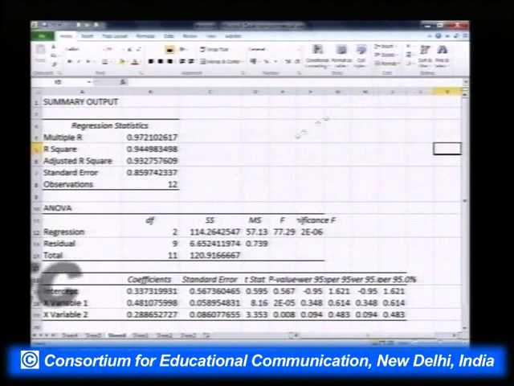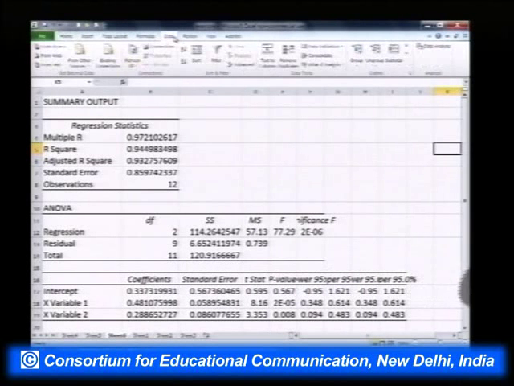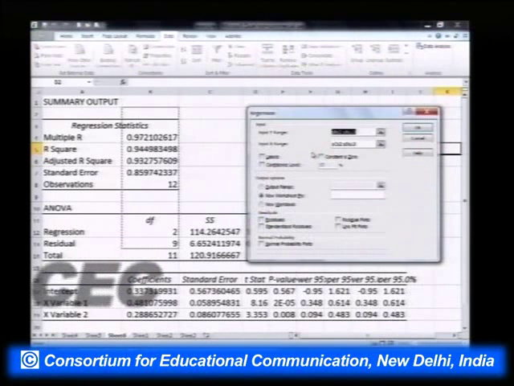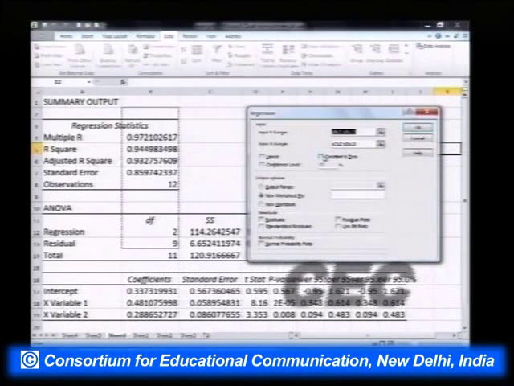In the end, if we wanted to know which of these two variables is more important, we can again do the same data analysis, regression, and instead of the regression coefficient, we have to take constant as 0, so that we get the standardized equation.